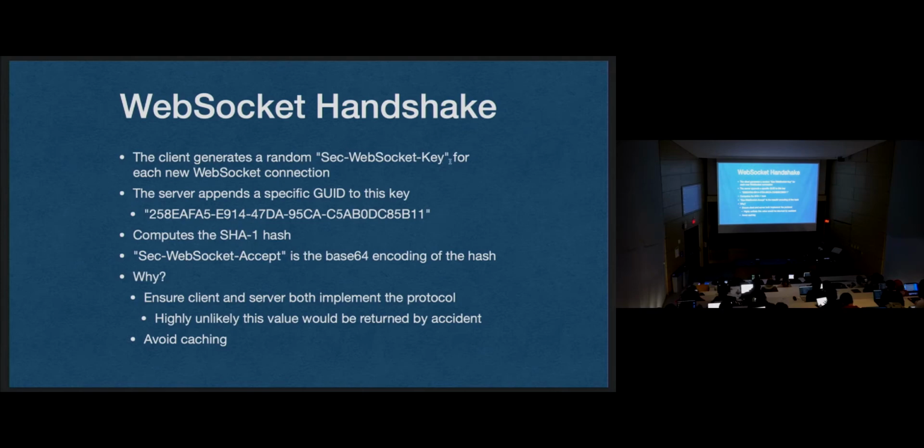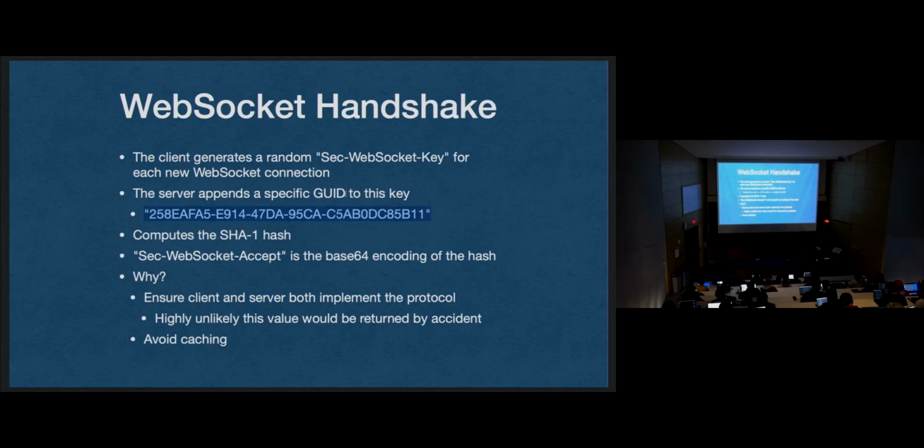So we get that key. We're going to read that key header, and I promise this is real, we're going to append this string to the end of it. We're going to read the key as a string and append this exact string to the end of it. Somewhere in your homework, you're going to have this string hard-coded in your code, and you're going to append it to the end of the key.